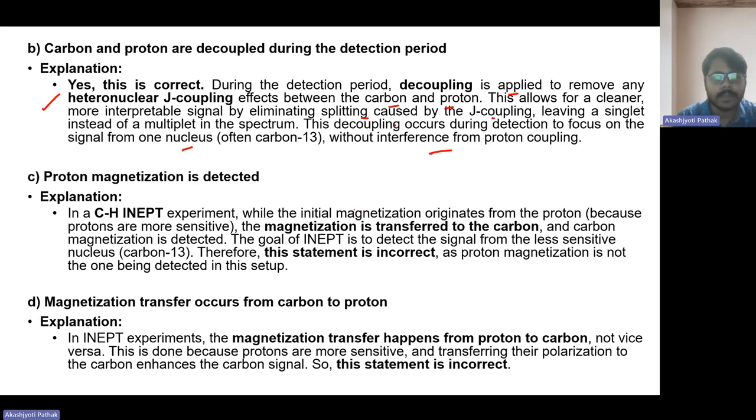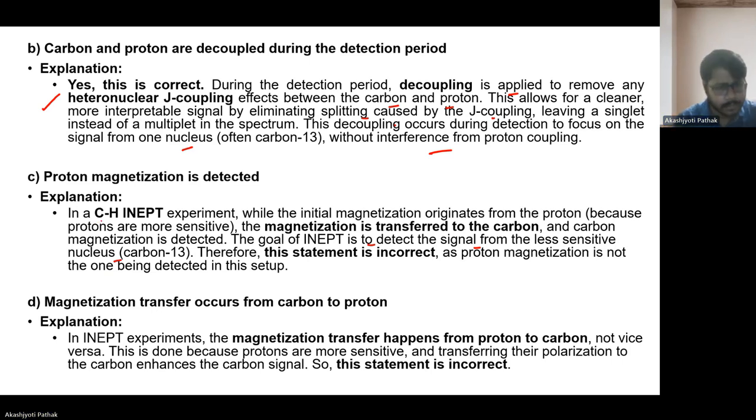The magnetization is transferred to the carbon and the carbon magnetization is detected. So the goal of this INEPT is to detect the signal from the less sensitive nucleus, so that the more sensitive hydrogen or proton can transfer its polarization to carbon.